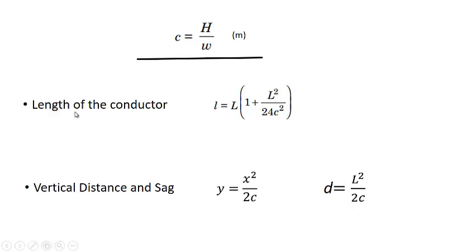When we calculate the length of the conductor in terms of C, the formula is modified. I'm not going to usually use this C in my lectures, but sometimes you may be given the value of C instead of H and W. In that case, you can calculate the length of the conductor like this: L is equal to 1 plus L square by 24 C square, where C has been substituted for the ratio of H divided by W. Similarly, the vertical distance can be given by x square by 2C, and the sag can be given by L square by 2C.